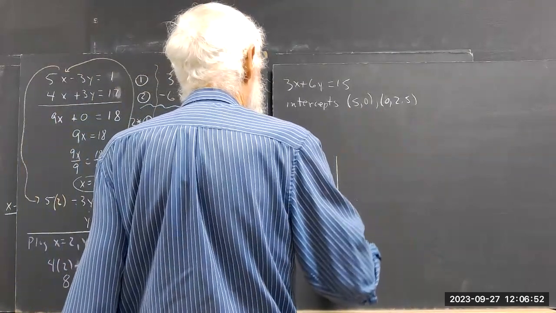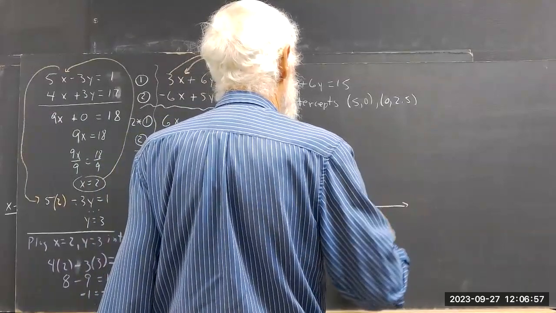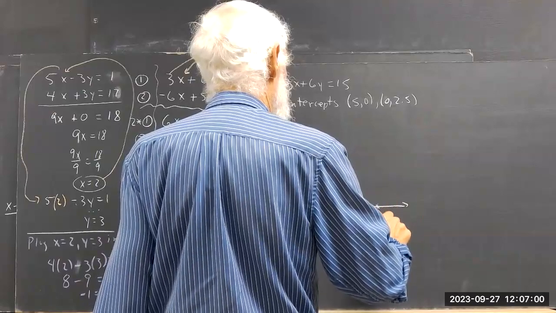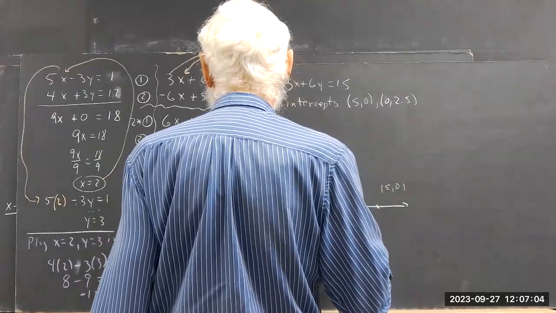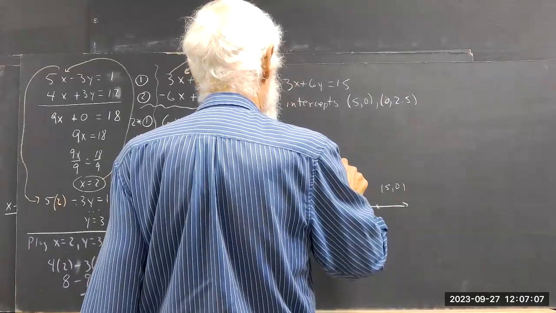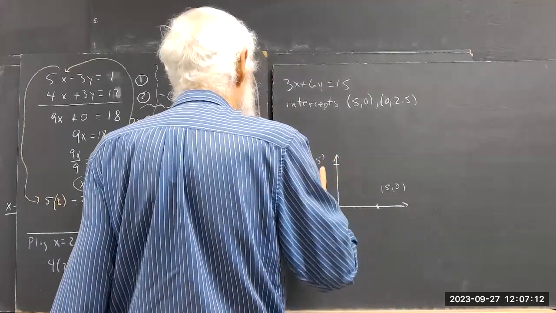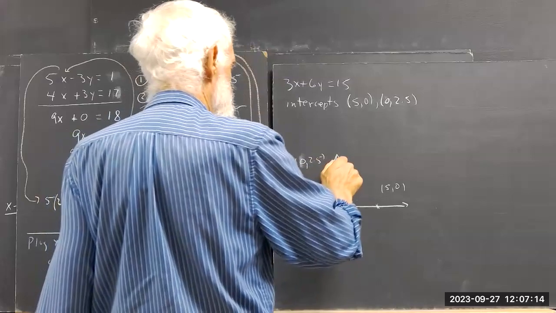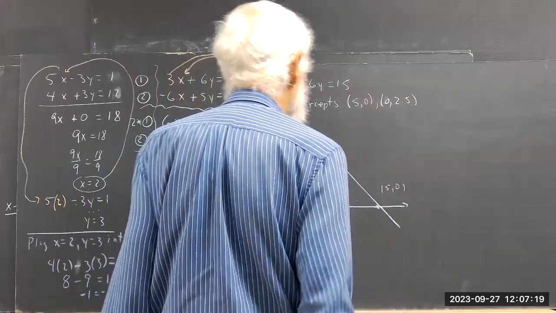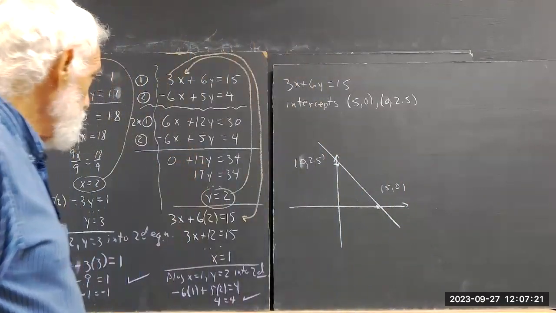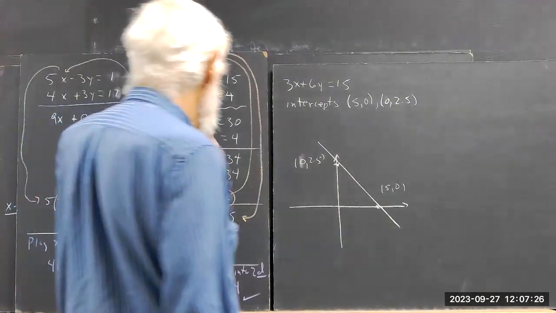So I can graph that. Put the (5, 0) here and (0, 2.5) here, and sketch a line that kind of misses both points by about the same amount. Get the idea. Okay. Now to solve.